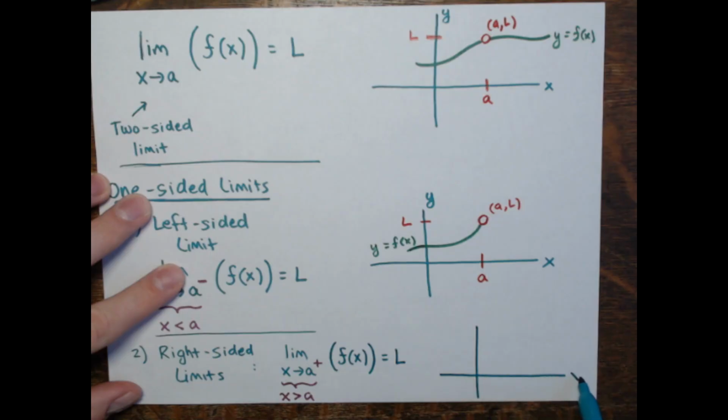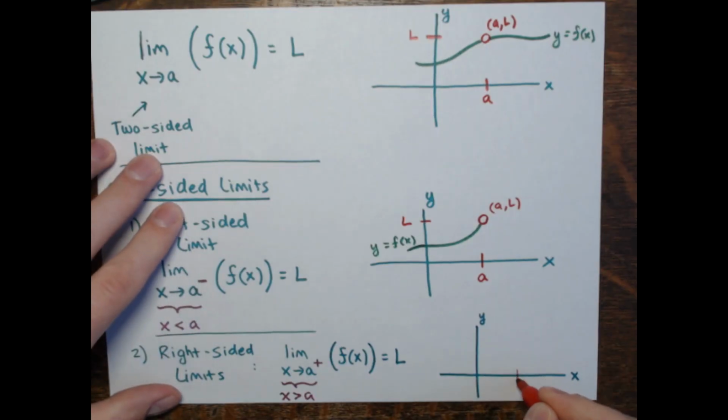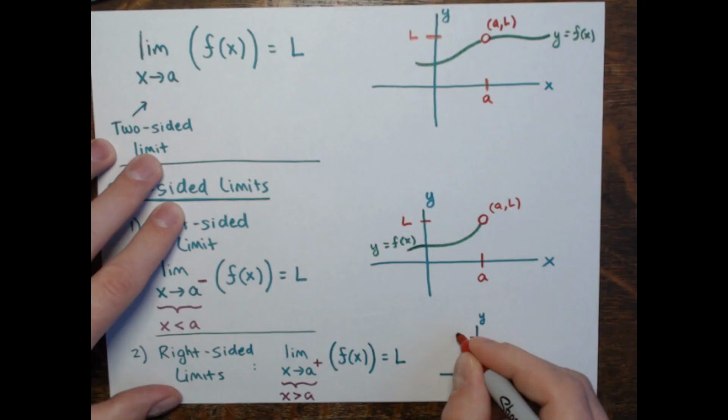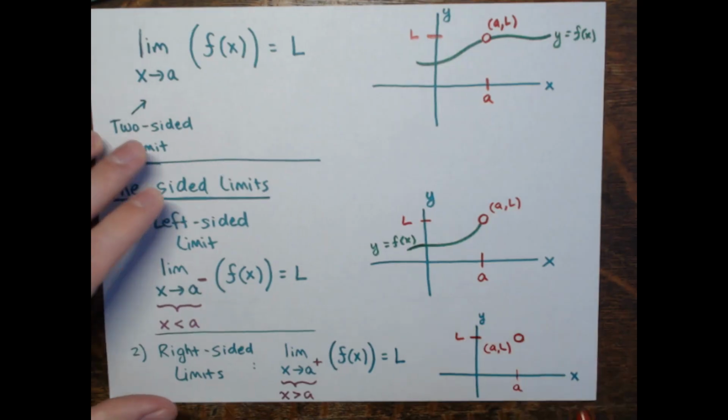Now graphically, that would mean the following. The value we're approaching is a, but from the right side only. The little plus indicates I'm plugging in values to the right of a and getting nearer and nearer to a, and this is saying the output is approaching this L value. Once again, here's the point a comma L. I'm keeping it empty. It doesn't have to be there.